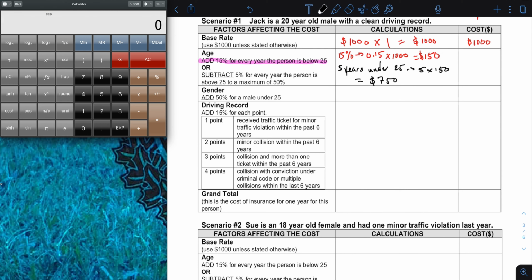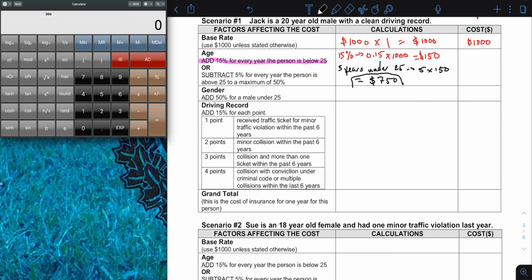That's how much extra Jack's going to have to pay because of just his age. Now here's one other little piece of information.